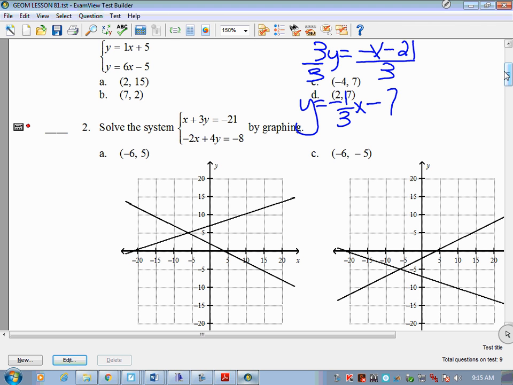All right. But the other thing, again, if we want to continue to graph, what do I need to do with the second equation? Caleb, what do I need to do with the second equation in order to graph it? Solve for y, right? So what are we going to do to solve for y with this one?